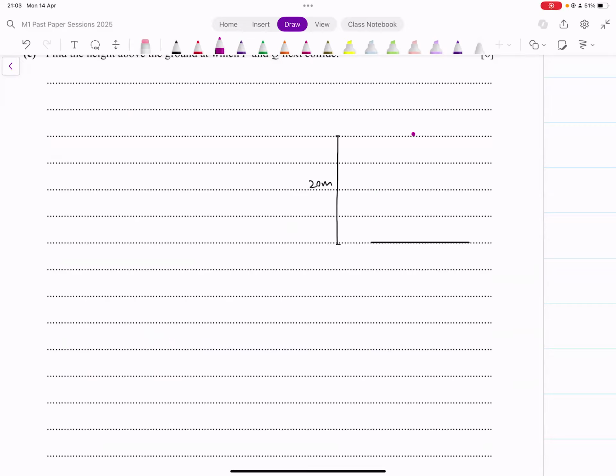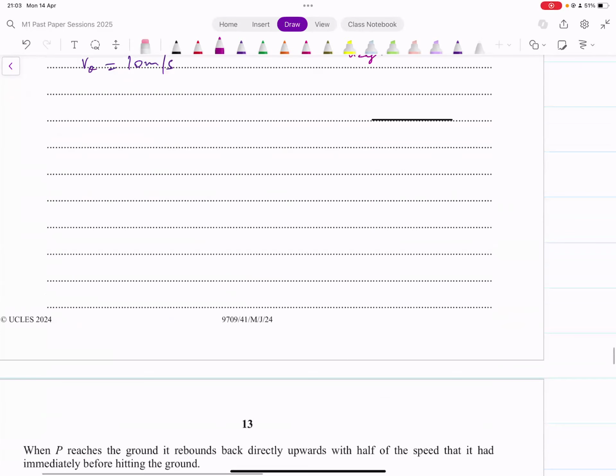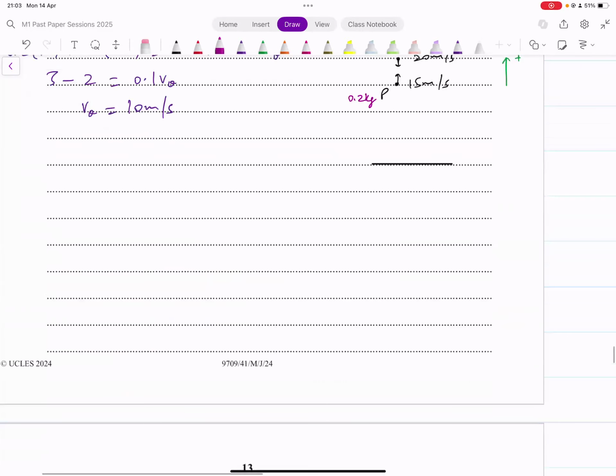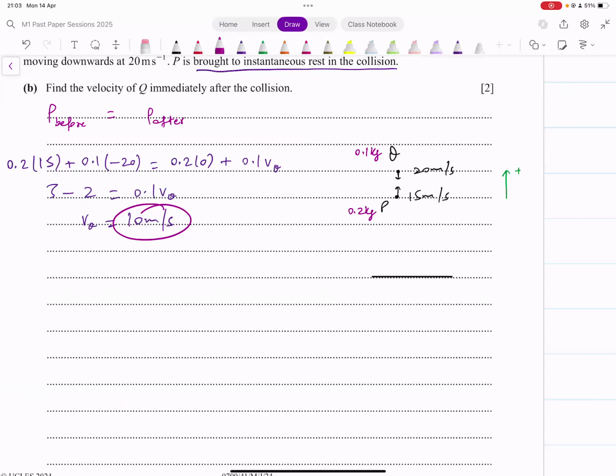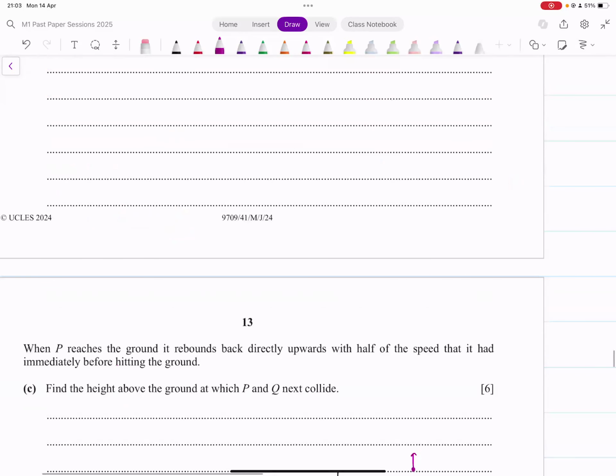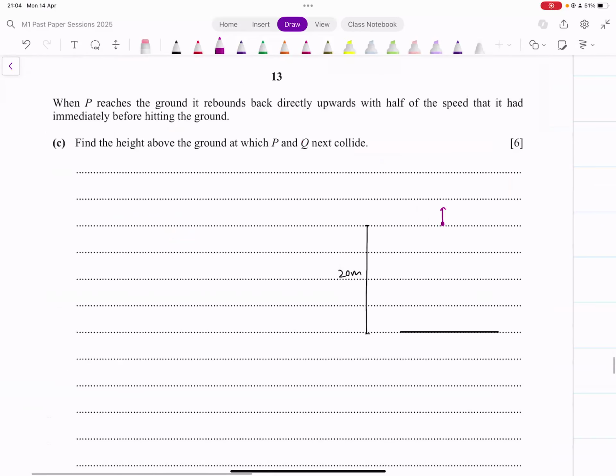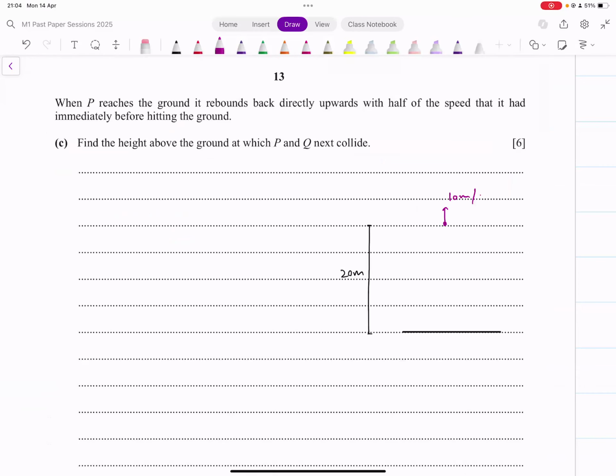We have particle Q here, which immediately after collision goes 10 meters per second in the upwards direction, right? That's what we found in the previous part. And P starts going downwards, but it starts from rest, 0 meters per second.